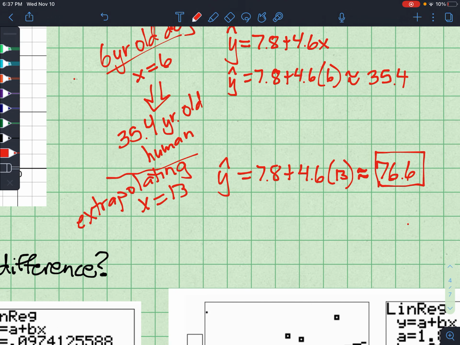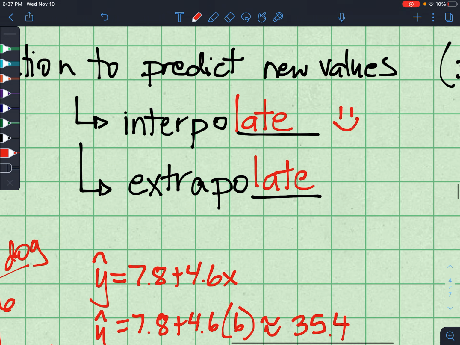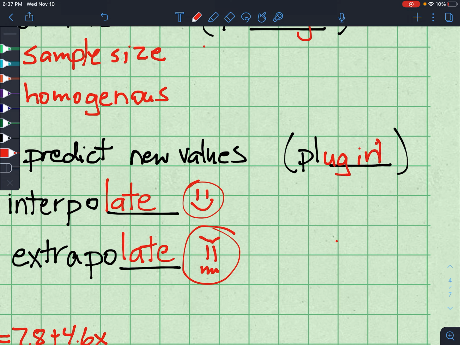So this is kind of dangerous to do because we are extrapolating. We're safe when we interpolate. Solid ground. Here, not so much. This is unsafe, hazardous. Be careful. And again, how do you do this? You just plug the values into the equation.